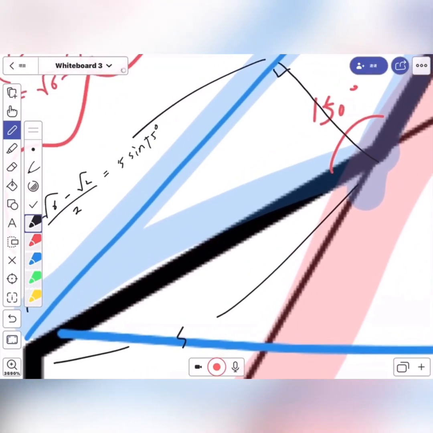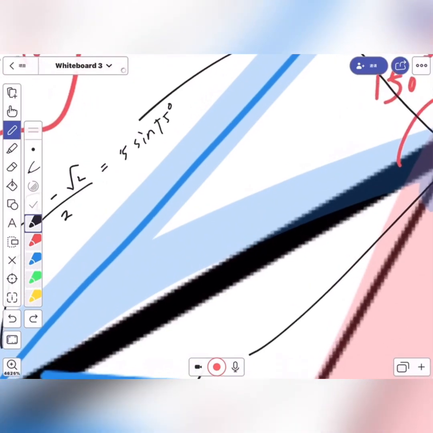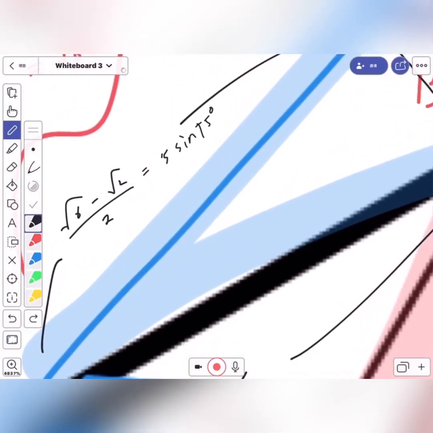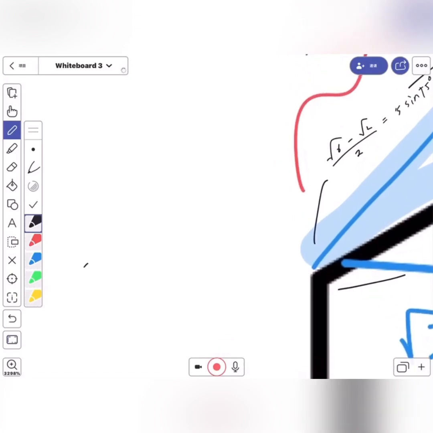Right? Because when we look at this triangle, this is actually the opposite over the hypotenuse, which is equal to sine. So essentially we just have S is equal to root 6 minus root 2 over 2 over 2 sine 75 degrees.